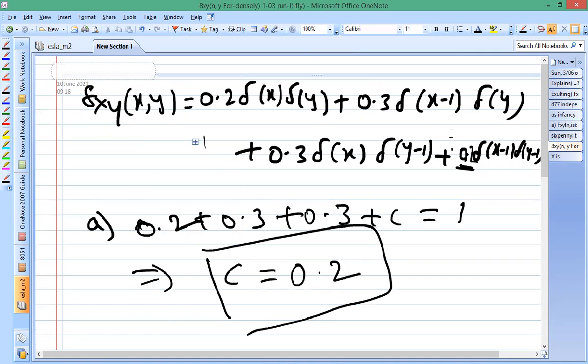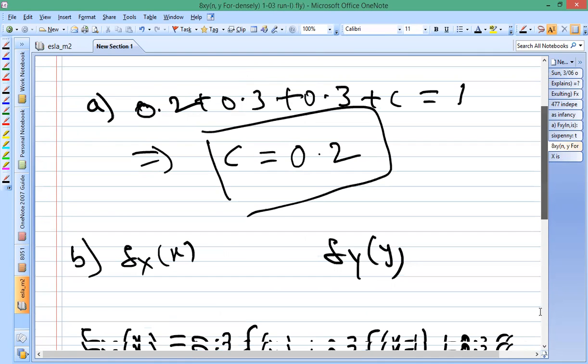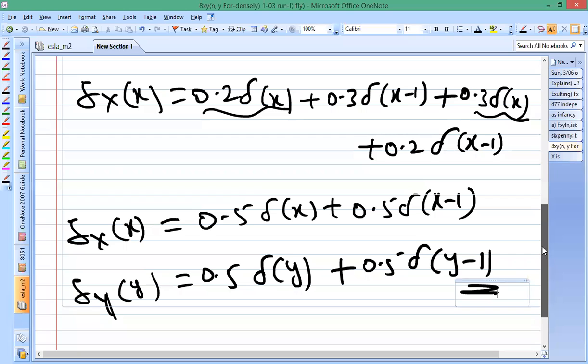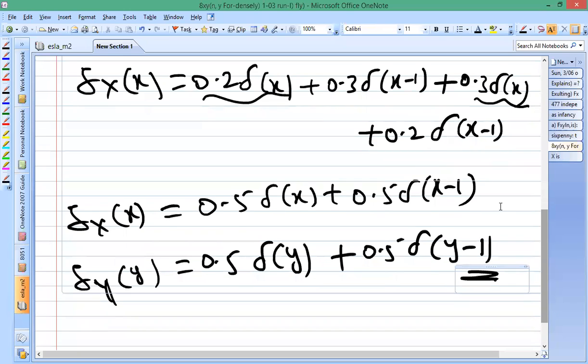Also, here we have calculated the marginal PDF equations fx of x and fy of y. So take the product of these two. The product should give the same result as fxy of x comma y.